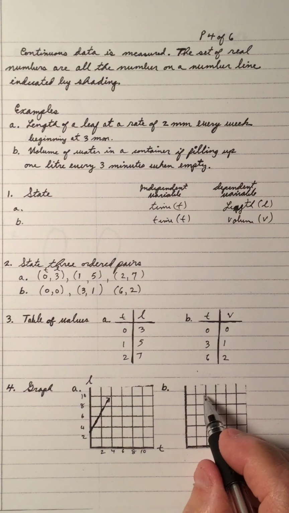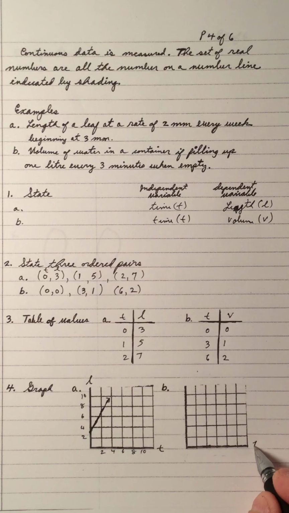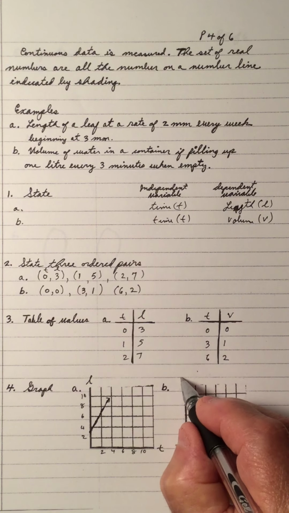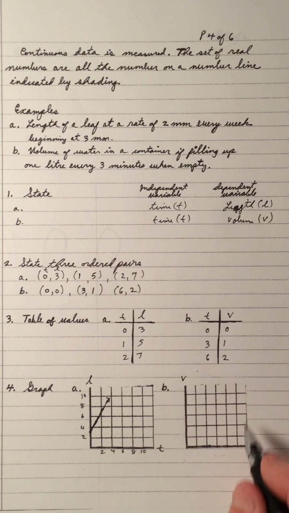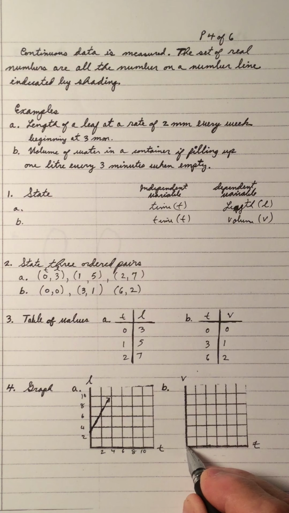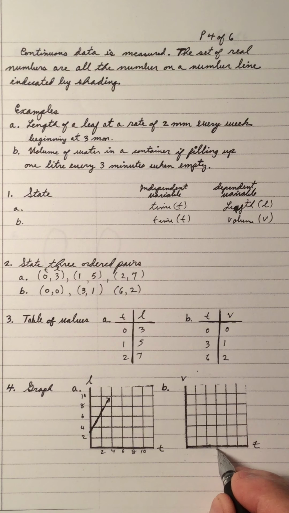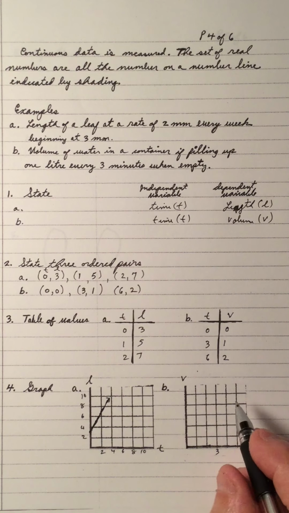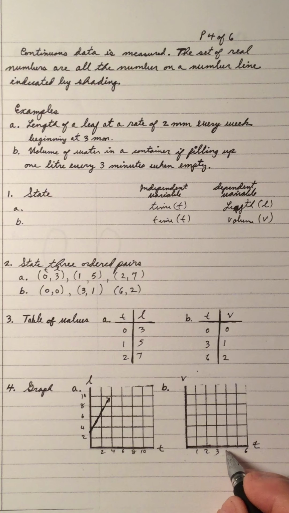And the graph: T is the horizontal, volume is the vertical, like that's an X and that's your Y. So 0 gives you 0. If you number these, this is 3 and that's a 6, etc., and that's a 1 and a 2.